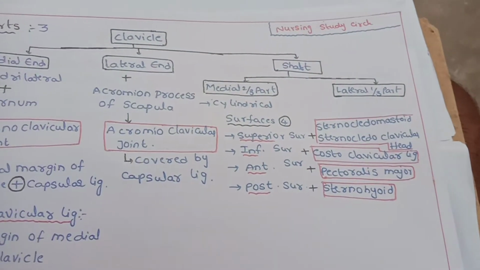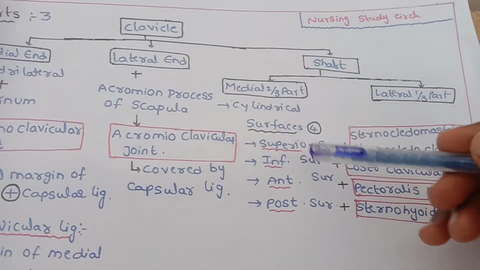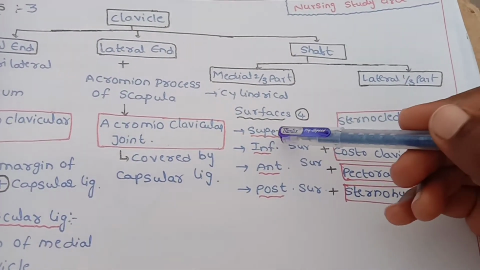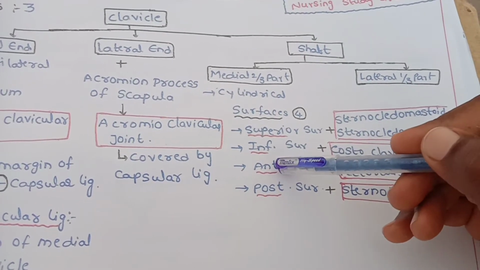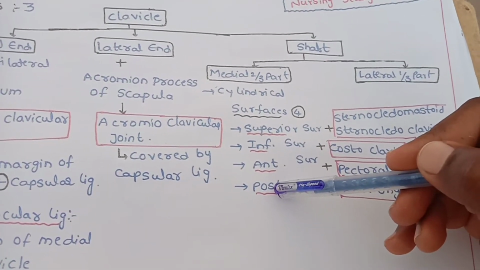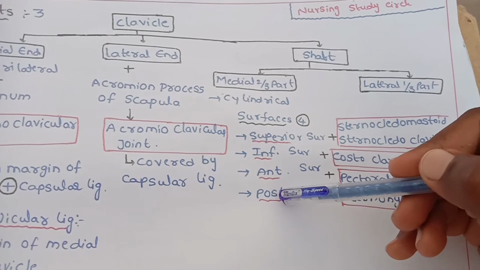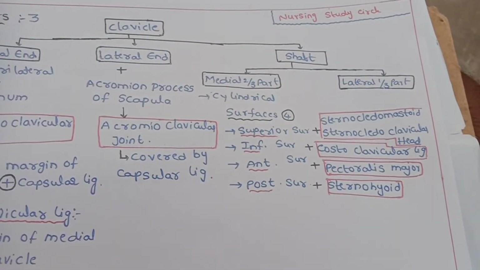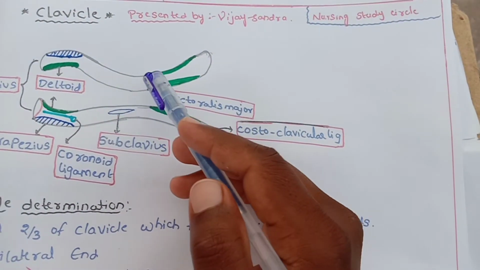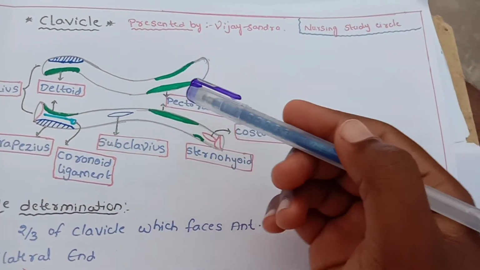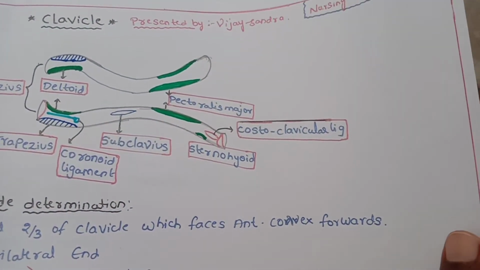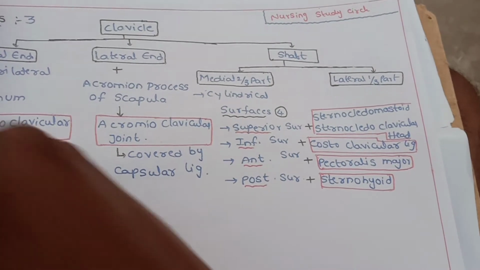It has 4 surfaces: superior surface, inferior surface, anterior surface, and also the posterior surface in the medial side.